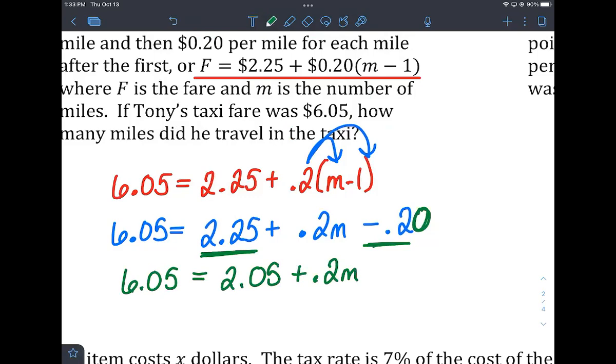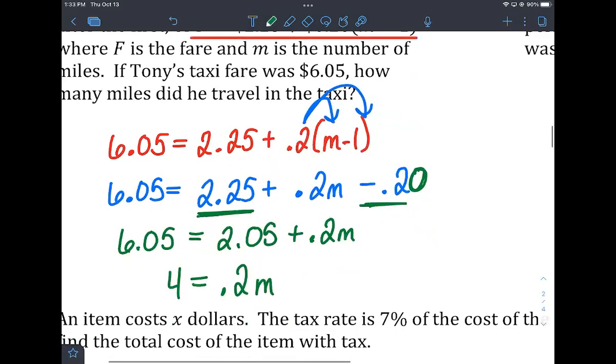When you subtract the $2.05 over to the other side, you get 4. And it's not 4 divided by 2, it's 4 divided by 0.2. Bailey? It's 20. What does M stand for?